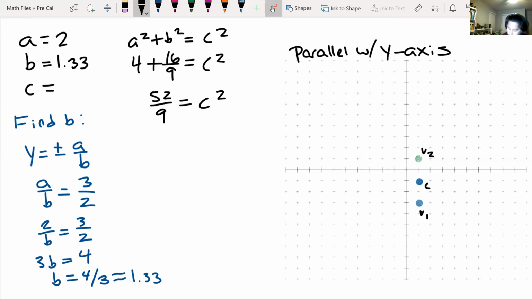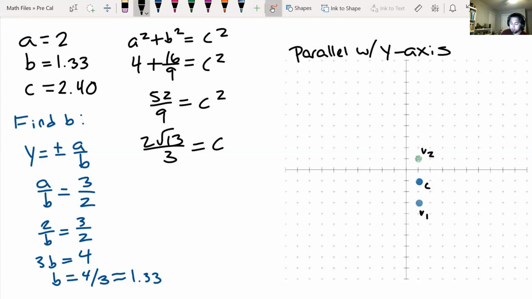Very good. And then what is the square root of that number? You get 2 square root 13 over 3, which is 2.4. What a good old time there, huh?